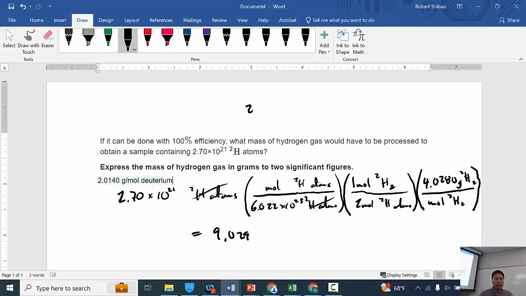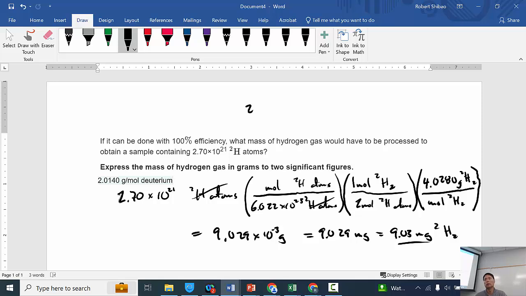That gives 9.029 times 10 to the minus 3 grams, or 9.029 milligrams, or 9.03 milligrams of deuterated hydrogen molecule.